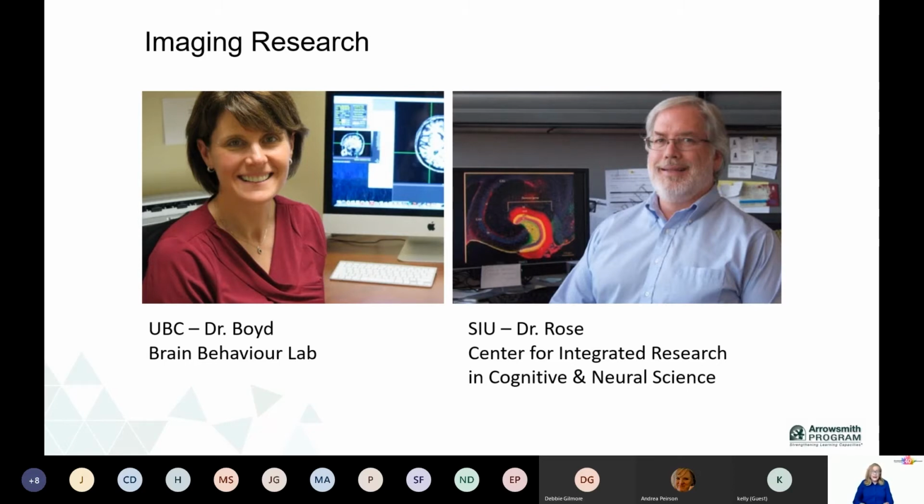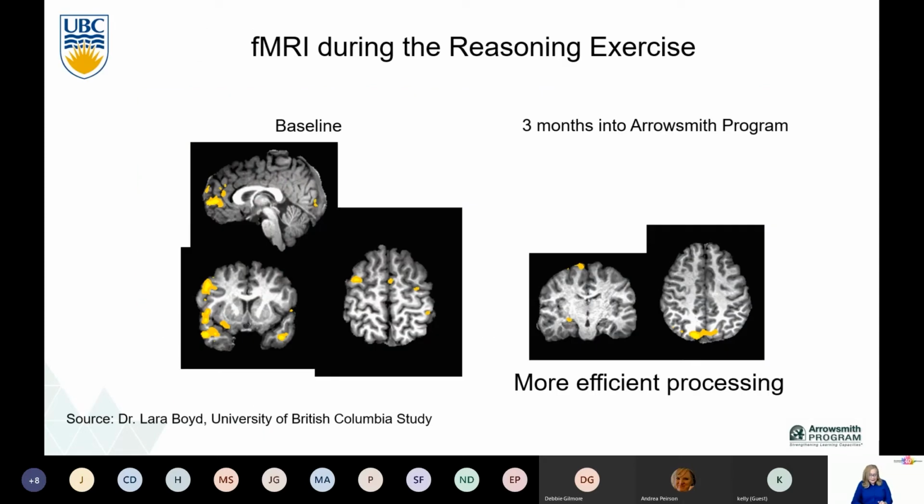So this is coming out of the UBC lab. The students were in the scanner. This is an fMRI, and we adapted the symbol relations exercise for the scanner. The students were lying there and having to do a true/false on whether the time was correct on the clock.